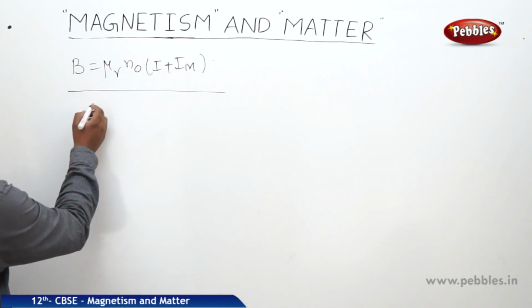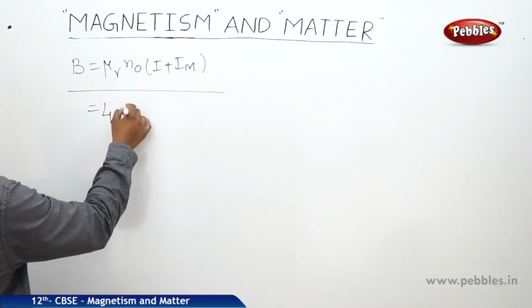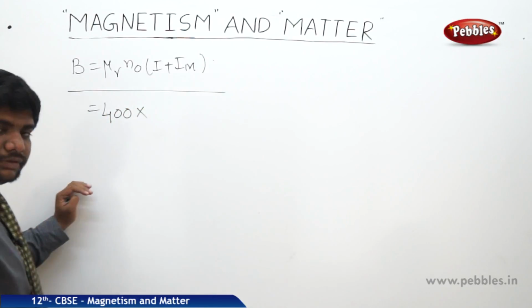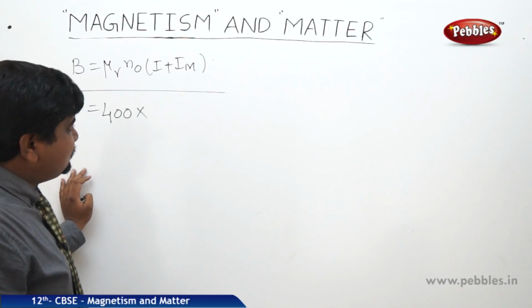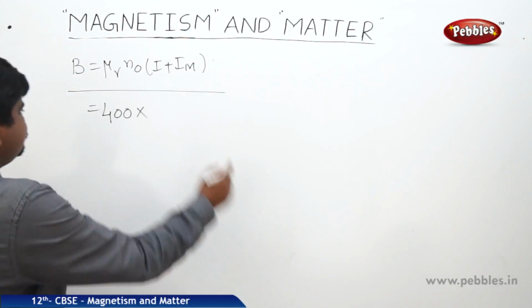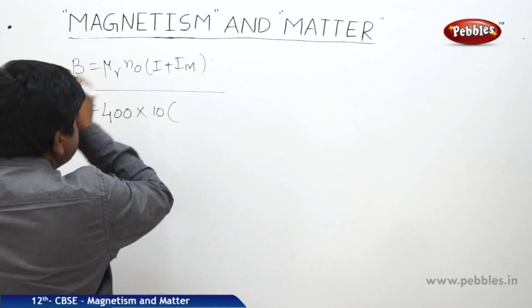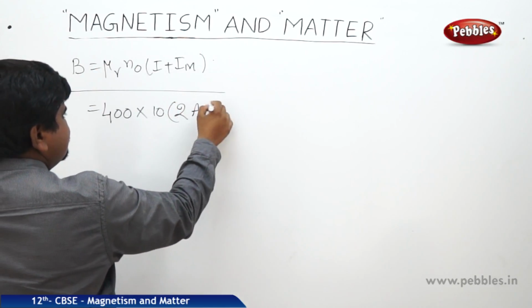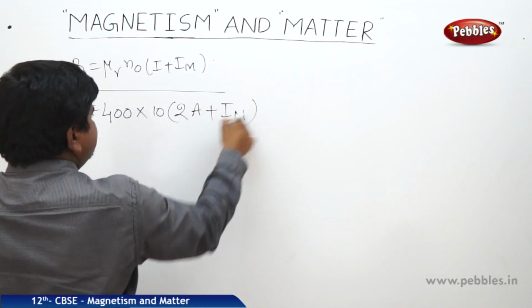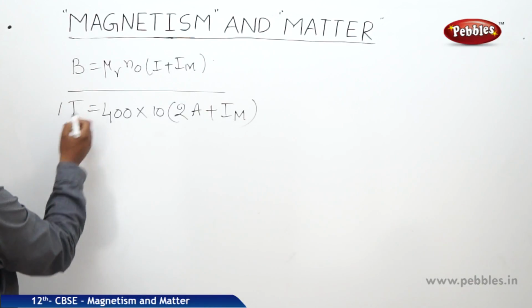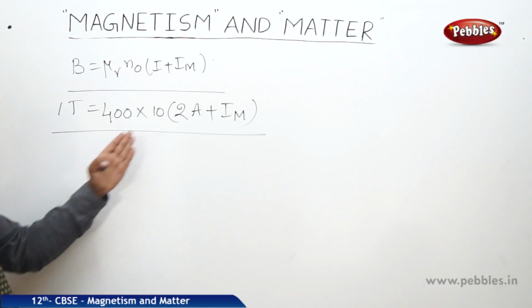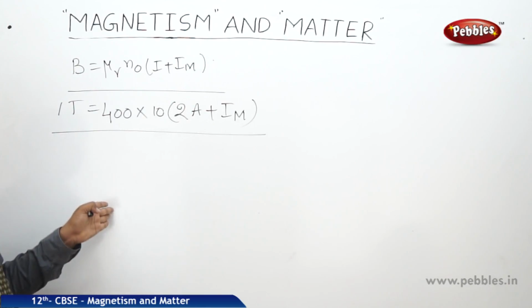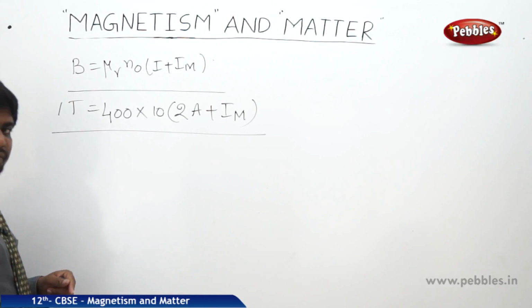We know that mu r is 400, n is equal to 1000 per meter, mu naught is 4 pi into 10 to the power of minus 7, I is equal to 2 amperes plus Im, and B is equal to 1 Tesla. So from this we can write 2 A plus Im is equal to 1 by 4000.